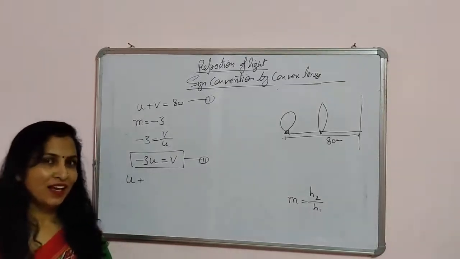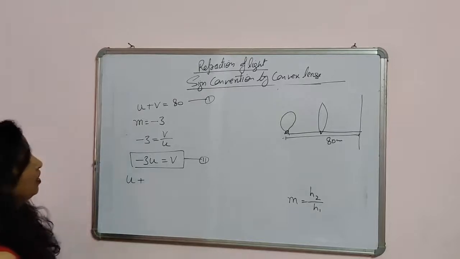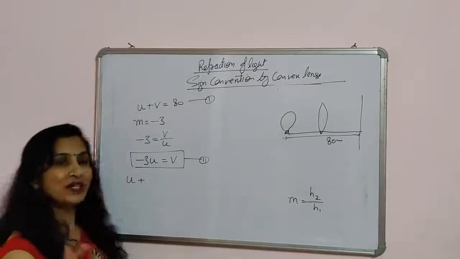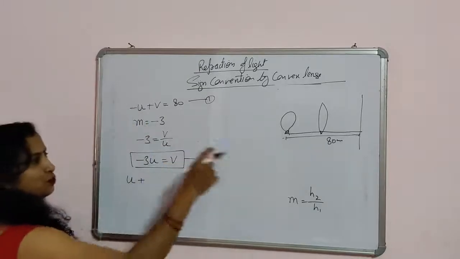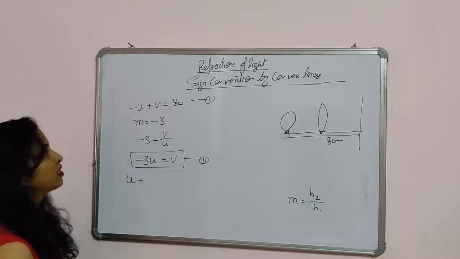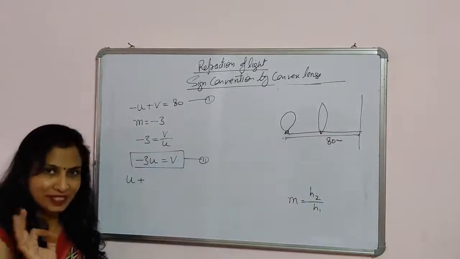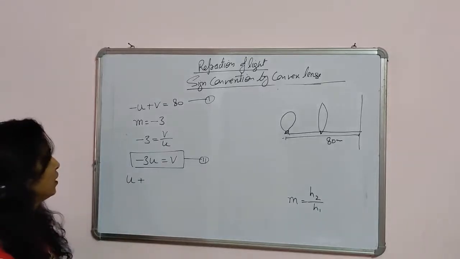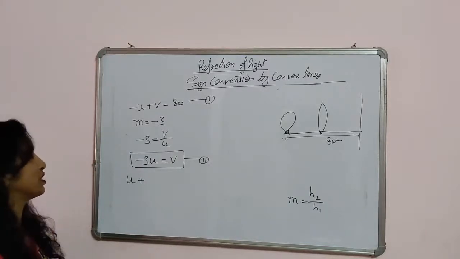We will use the values with the sign. Suppose we represent this u. We know that u is always negative, so we say minus u, and this v is positive. The sum of the lengths is 80, but since u is always negative and v is always positive, we can say minus u plus v is equal to 80.